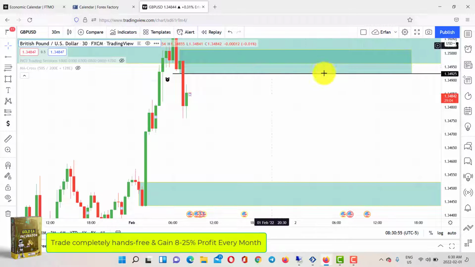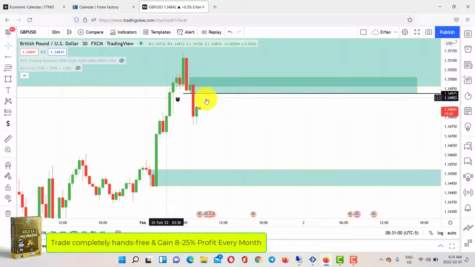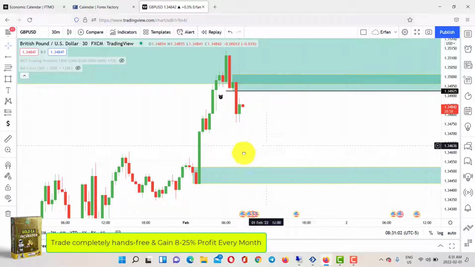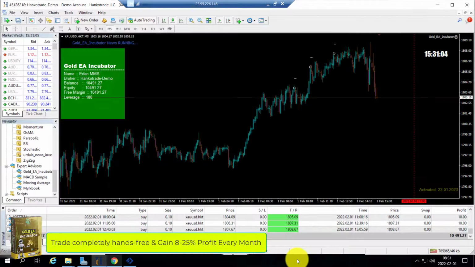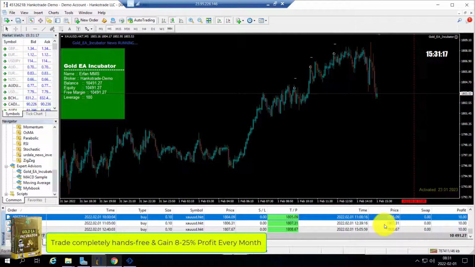So meanwhile, we are waiting for this move, we set our alarm, everything is good. Let's go to here, guys. Let's see what Goldie Incubator did. Look at this, $491 profit. And today is February 1st. See, 1 trade, 2 trades, 3 trades.